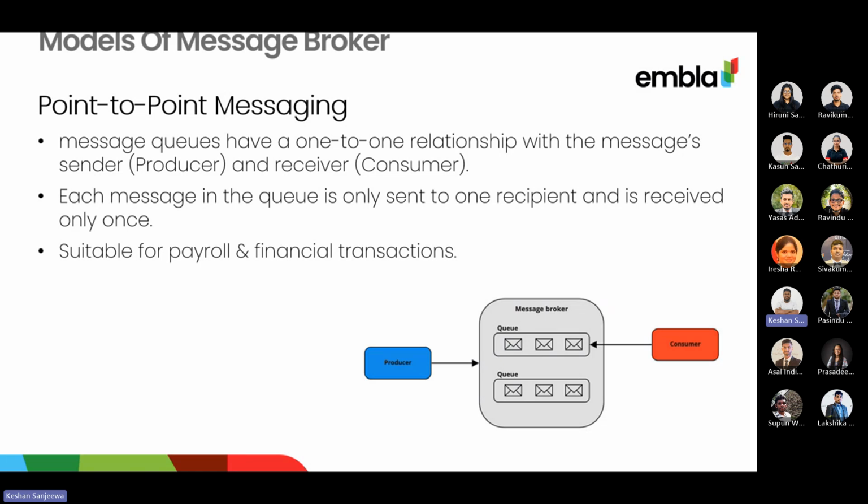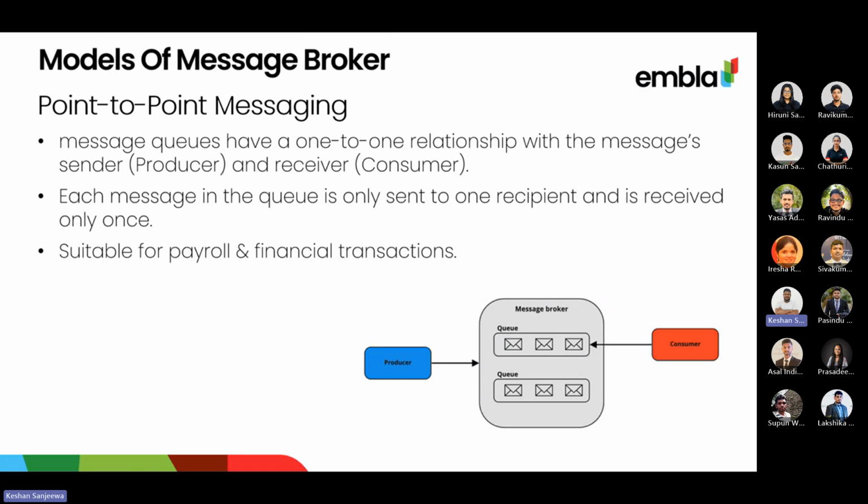Talking about models, we have the point-to-point messaging broker model. So what is this point-to-point model? The message queue has a one-to-one relation with the message sender, which is the producer, and the consumer. In this case, messages are stored in the queue until a consumer is ready to process them.